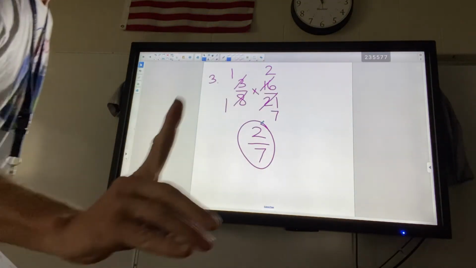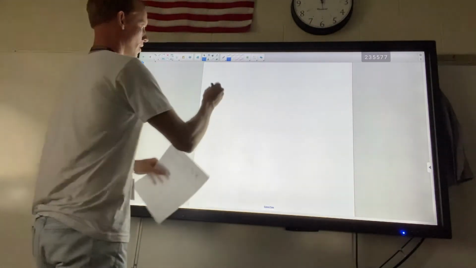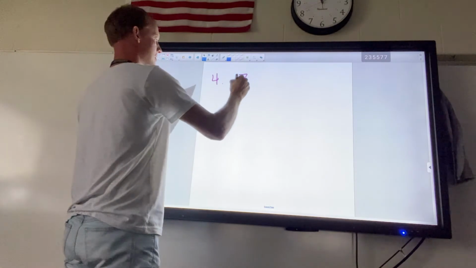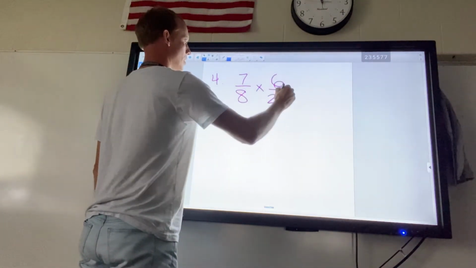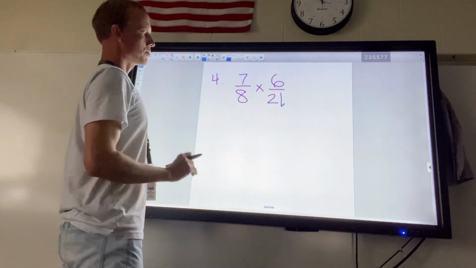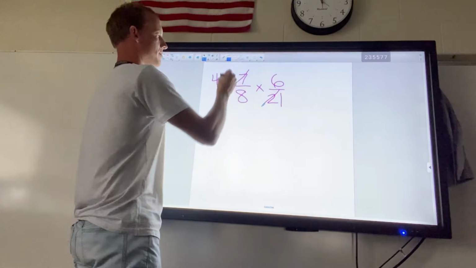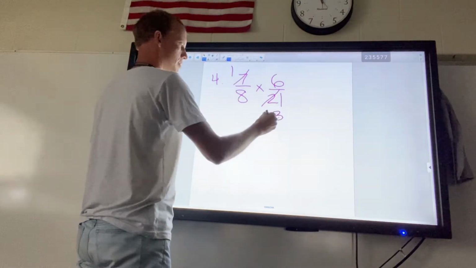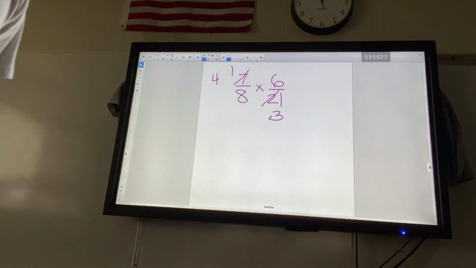Let's do one more. Number 4 says 7/8 multiplied by 6 over 21. Okay, so this is one I want to talk about. It's a little different. The 7 and the 21 both share a factor of 7, so this becomes 1, this becomes 3. Now 6 doesn't go into 8, but there's another number that goes into both of them.